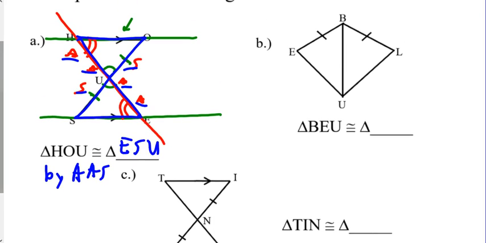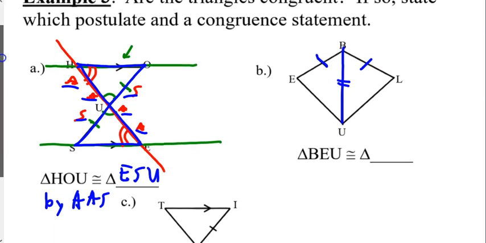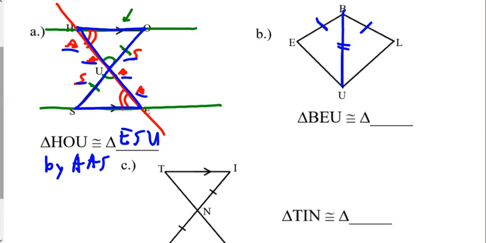Okay, number 2, what do we have? We have this side, and we have this side equal to itself. Now, let's look at the directions again. It says, are they congruent? So right now, we have a side and a side, side and a side.